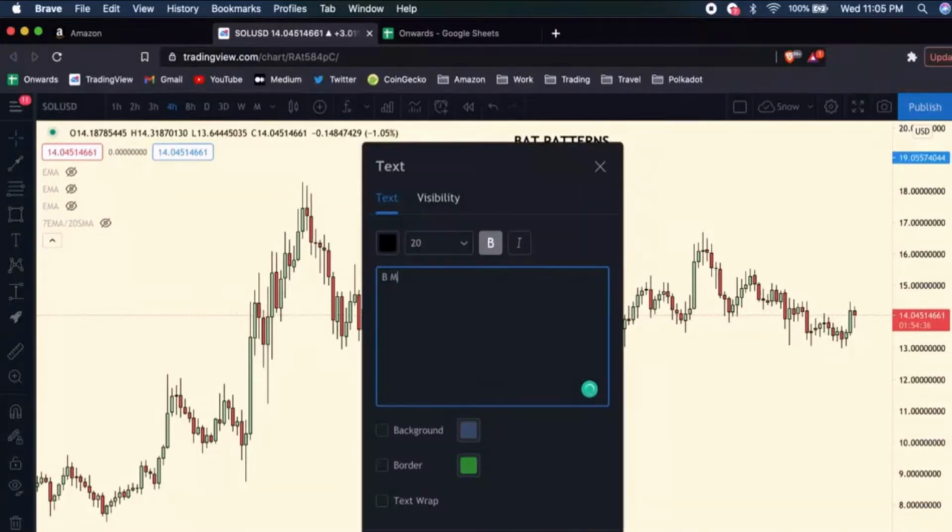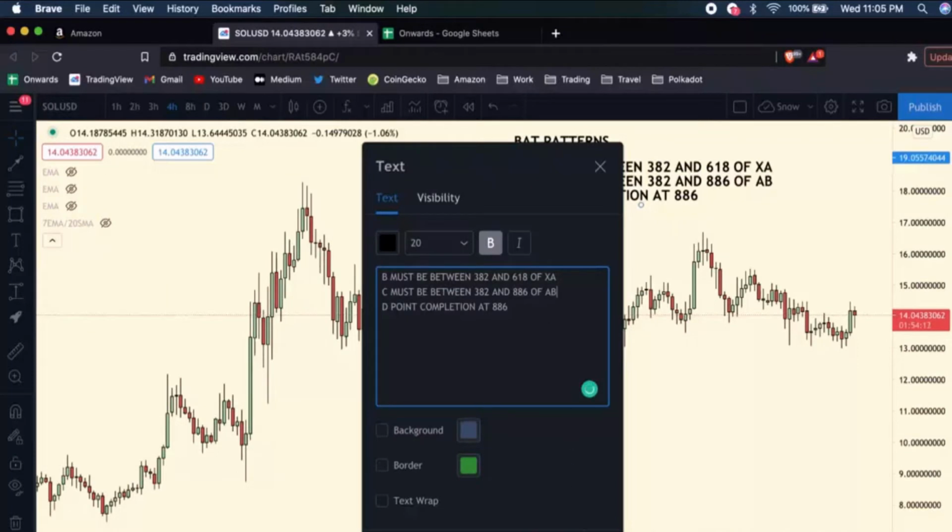So B must be between 382 and 618. C must be between 382 and 886. D point completion at 886. So B of XA and this of AB, right?